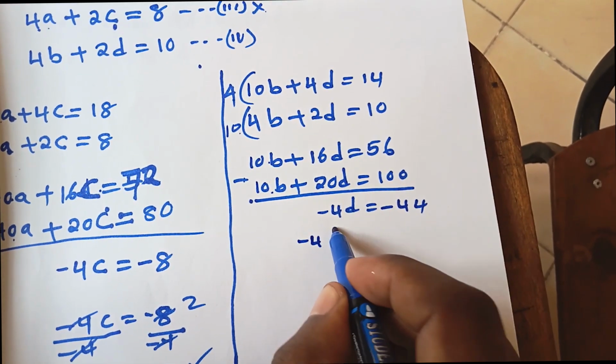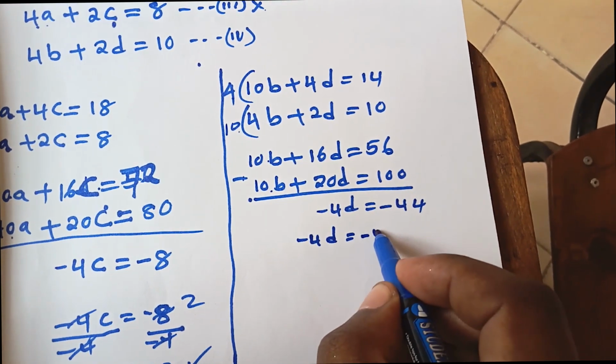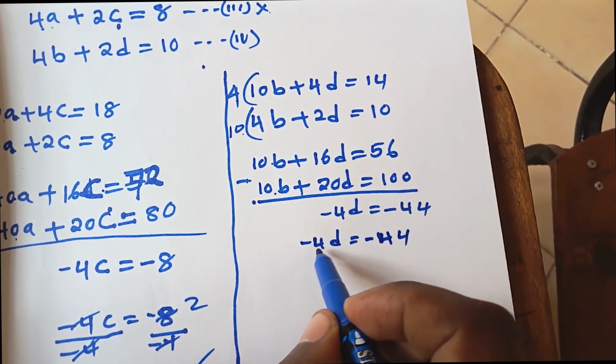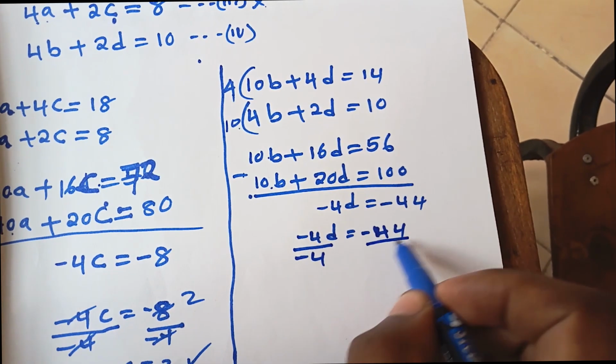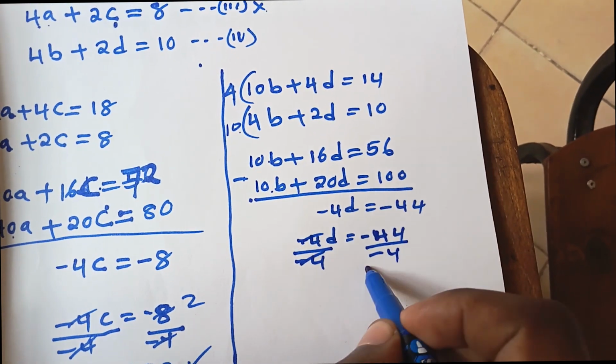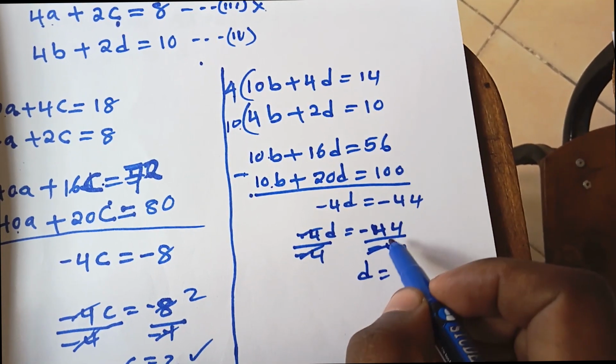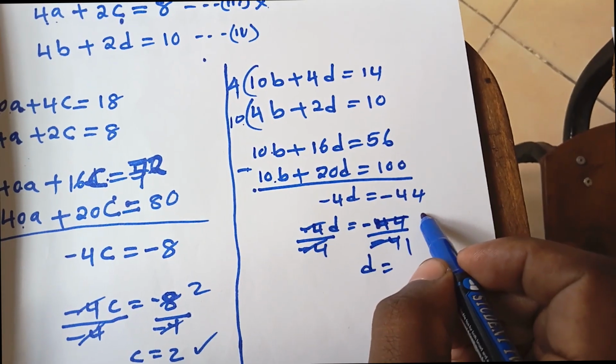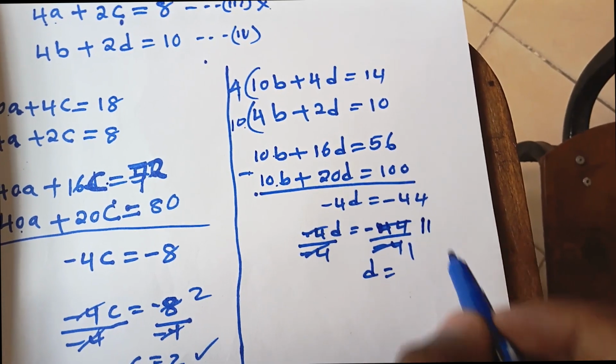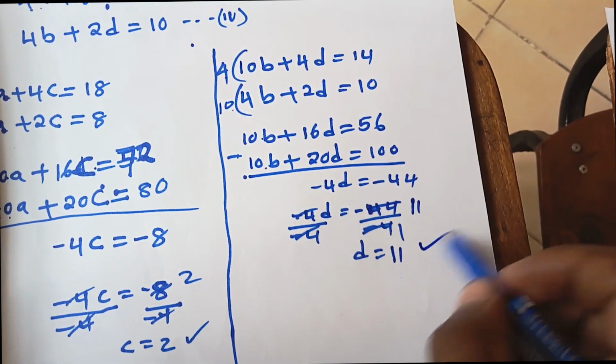So we have negative 4D equals negative 44. My interest is to find D, so we divide by negative 4, divide by negative 4. D equals negative 44 divided by negative 4, which is 11. So our D is 11.